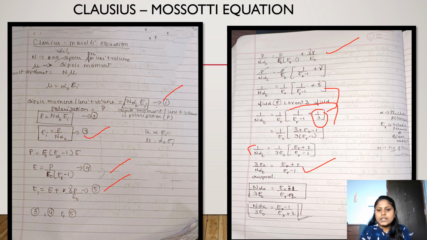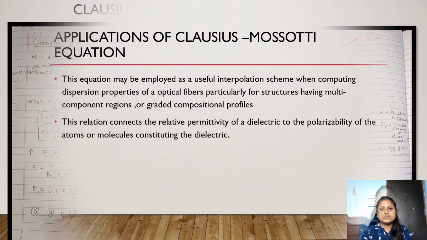So further simplification, 3 epsilon naught divided by N alpha is equal to epsilon r plus 2 divided by epsilon r minus 1. When we take the reciprocal of this equation, we will get N alpha divided by 3 epsilon naught is equal to epsilon r minus 1 divided by epsilon r plus 2. So this is the formula of the Clausius-Mossotti equation.